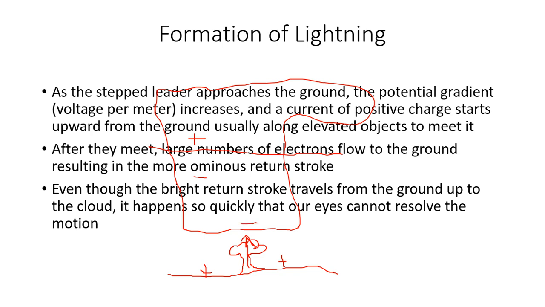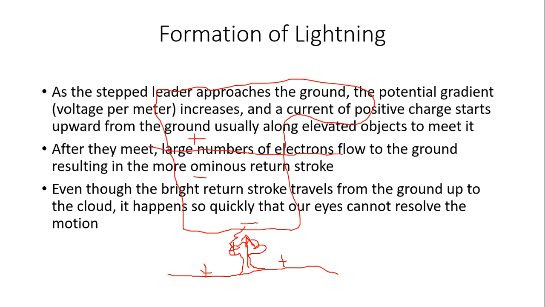Guess what's going to happen? This electrostatic potential, or the electrical difference between the base of the cloud and these taller objects, which are now emanating positive charges upward towards the base of the cloud, eventually you end up getting a cloud-to-ground lightning strike. But it initiates from the ground toward the cloud.